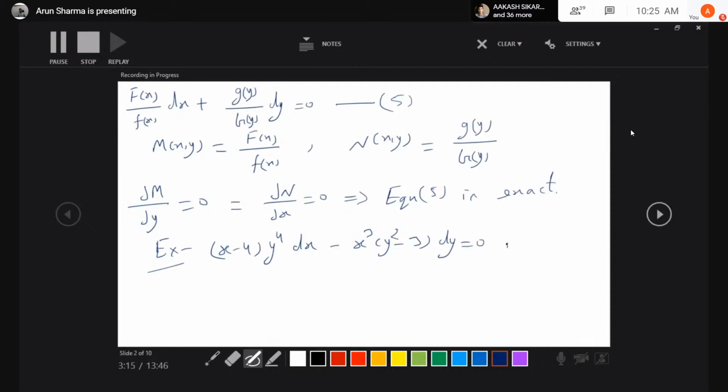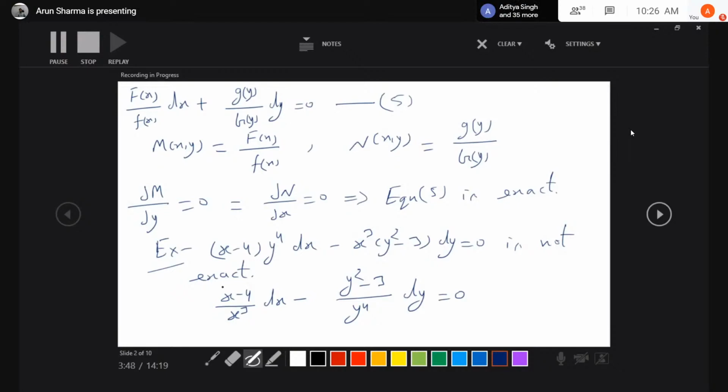So this is not exact, we have seen. But if I separate variables, meaning if I divide by y to the power 4 and x cube, this equation will become (x minus 4 upon x cube) dx minus (y square minus 3 upon y to the power 4) dy equals to 0.